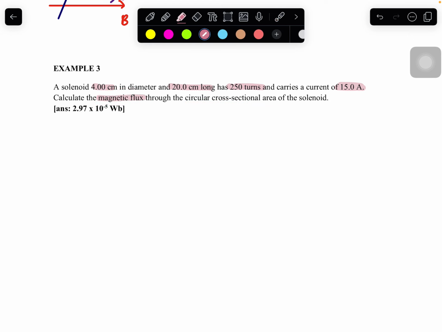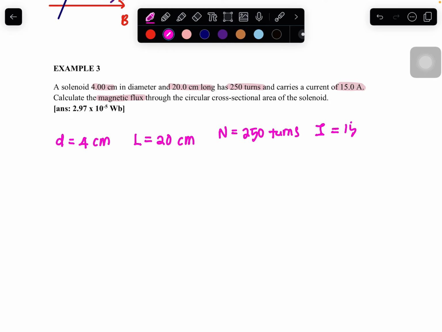We want magnetic flux. Now let's list down the information given. We have diameter, the length of the solenoid, number of turns 250 turns, current 1.5 ampere.